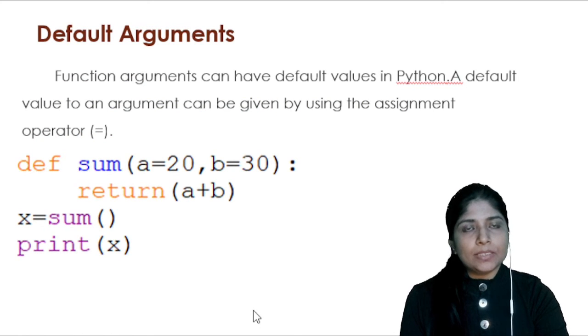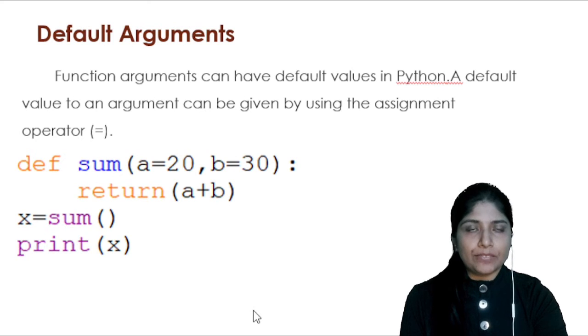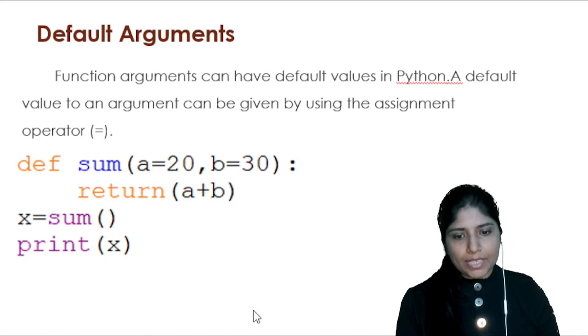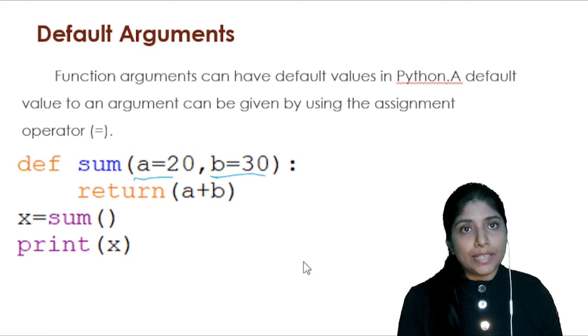Default arguments. If you want to give any default value in a function definition, that also can be provided. The advantage of this is that sometimes, if you don't want to pass all the arguments, you can miss out the default argument. The function will work perfectly with the default argument provided in the function definition. Example is given here. Here for a and b, I have given default arguments.